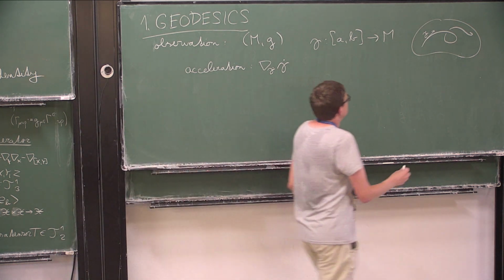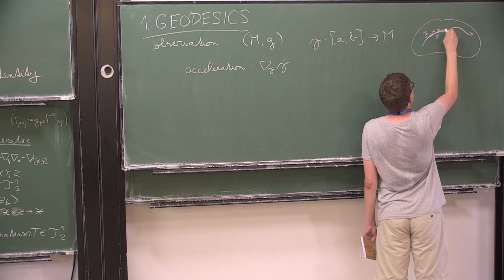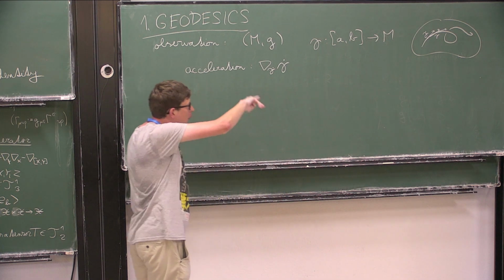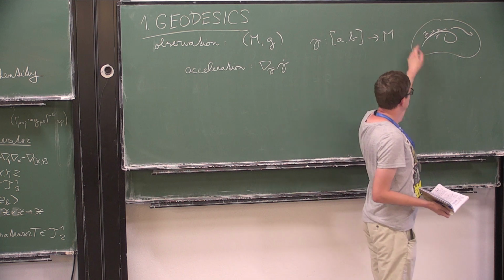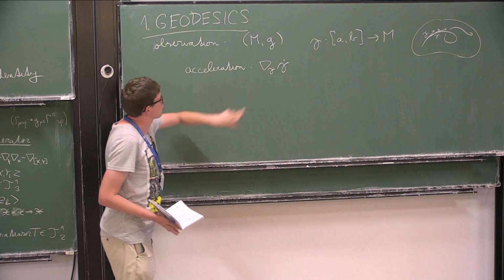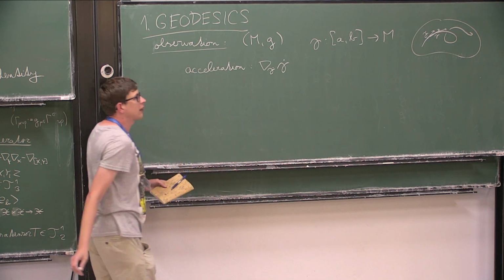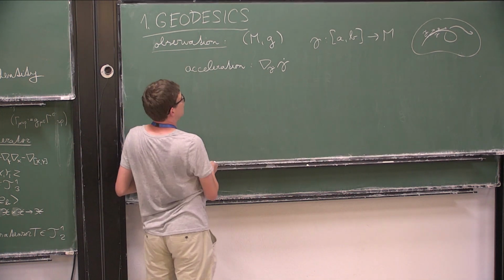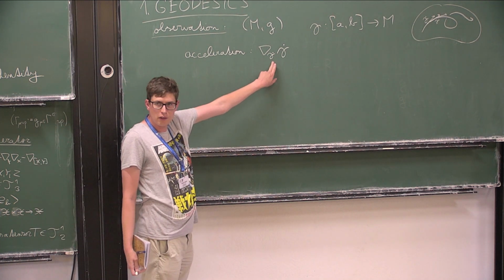At every point you have a velocity, gamma dot, and you want to see how it changes with time as you go along the curve. The right notion of differentiating things that are not at the same point but are moving is using the nabla. So this is the right notion of acceleration. This is the observation: on a Riemannian manifold, when you want to talk about the acceleration of some curve, this is what you should think about. Now, does anyone see any obvious problem with this expression that I wrote?